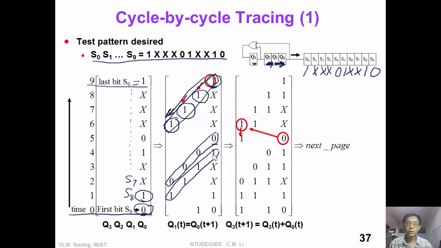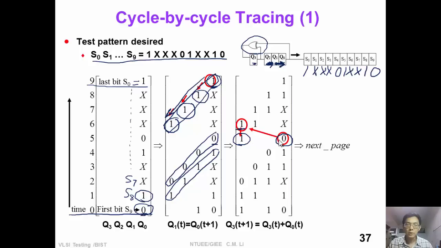In addition, we also know that due to this shift operation, at time 6, Q3 is actually equal to the inclusive OR of Q3 at time 5 and Q0 at time 5.